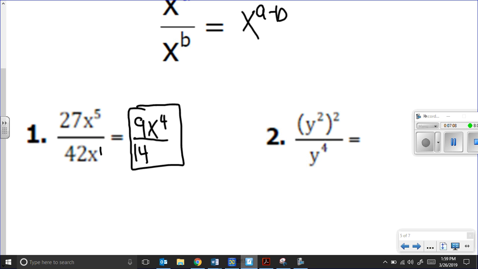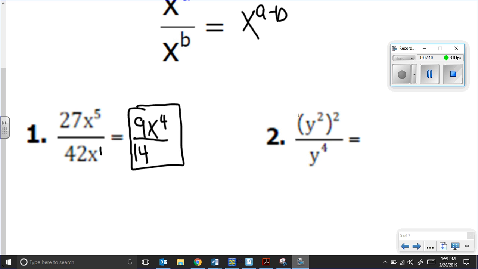So let's look at example 2. So now we're going to have to combine multiple rules. So here, I hope you see that we have a power rule going on. So this becomes y to the 4th, because remember the power rule, you have to multiply the exponents here, over y to the 4th. Okay, and so then using the quotient rule, we would subtract these.